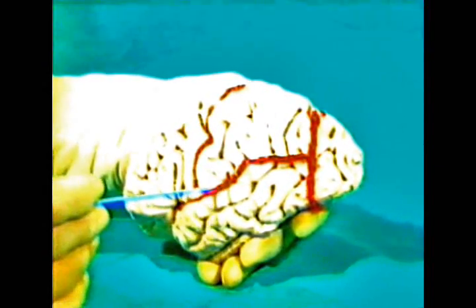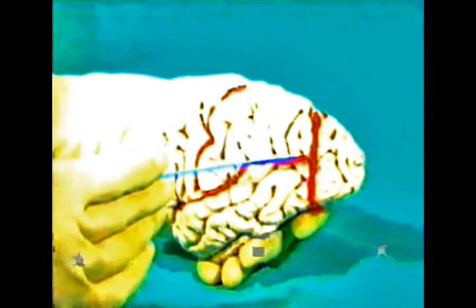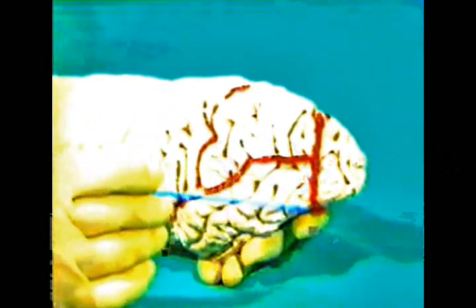And this is the posterior ramus of the lateral sulcus, and its backward extension. This is the parietal lobe behind the central sulcus. This is the temporal lobe below the posterior ramus of the lateral sulcus. And this is the occipital lobe behind the line of the parieto-occipital sulcus.